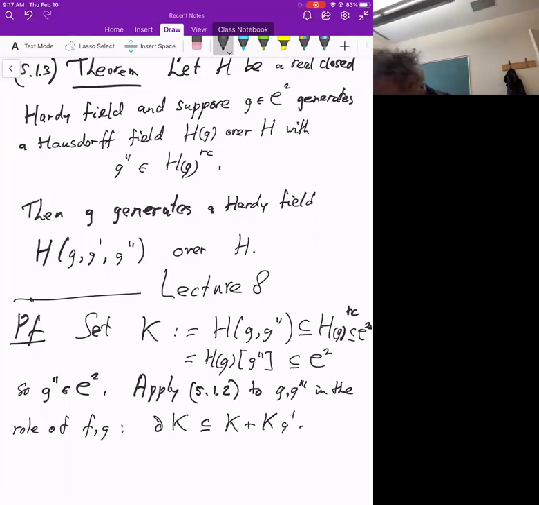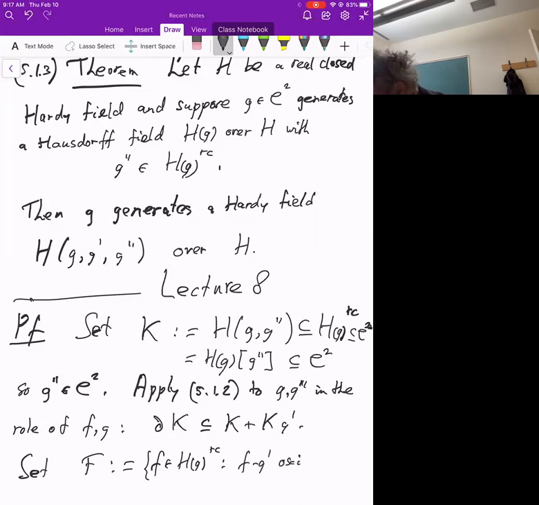Okay, now we introduce the following collection of germs. Namely, all the elements in this real closure such that the difference oscillates.